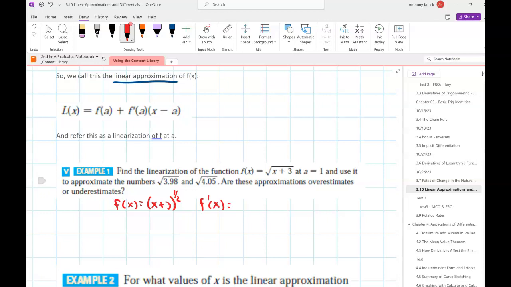What's the derivative of f of x in this case? Times 1, the derivative of the inside. Focus, please.